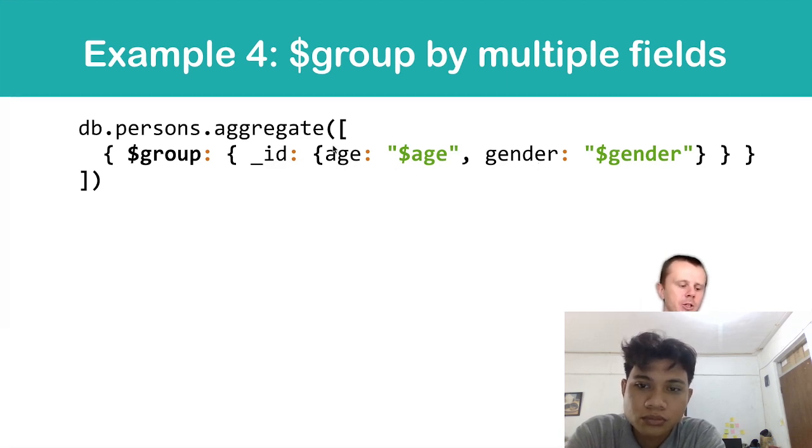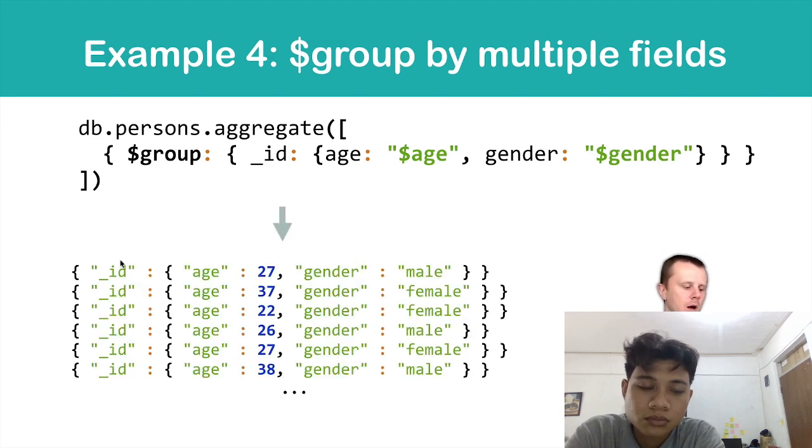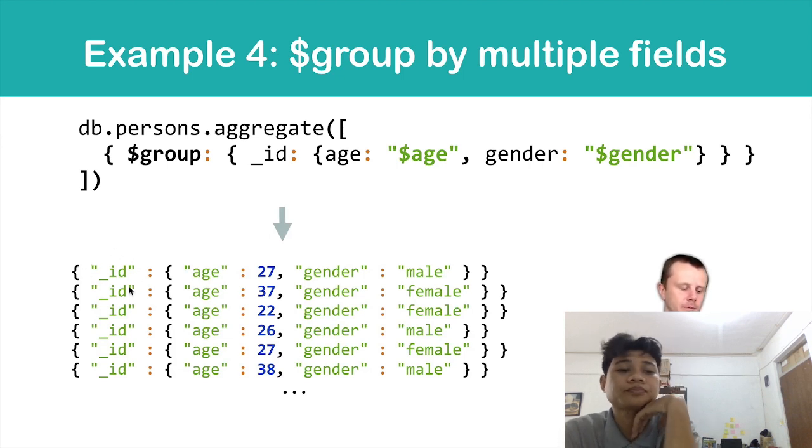It means that in each key value pair, key represents field name of the nested document. Let's look at the results here. You will get documents with 1 field underscore ID, and value will be nested document with 2 fields, age and gender. And as the values, you will get all possible combinations with age and gender.